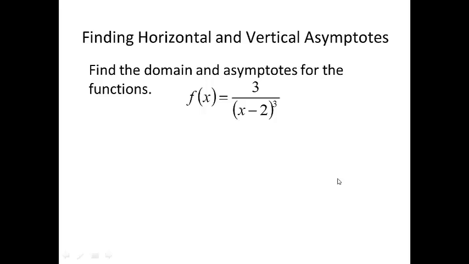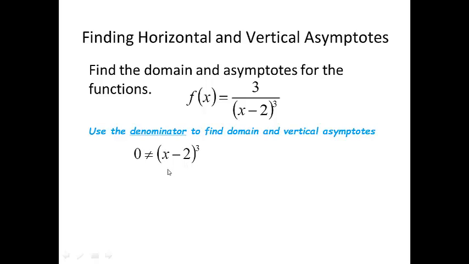What about this one here? We look at the denominator to find the domain and the vertical asymptotes. Make the denominator not equal to 0. That means x minus 2 is not equal to 0, so x can't be 2. Right? Took the cube root of both sides, x can't be 2.